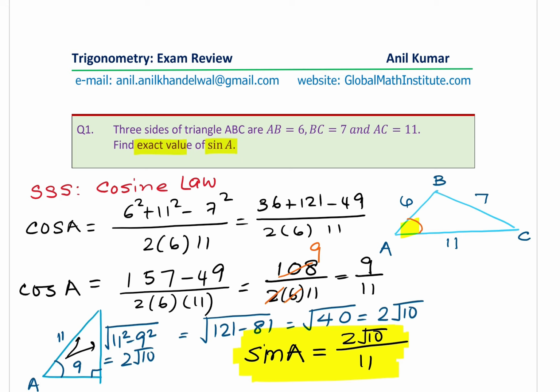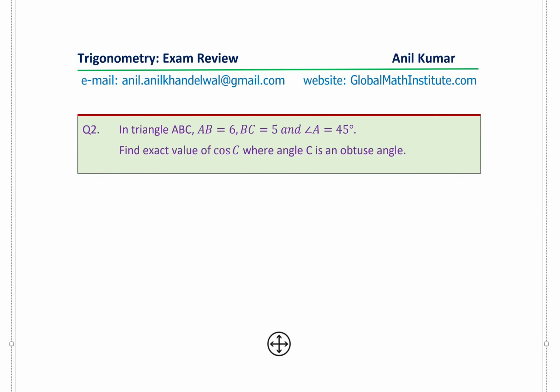Now let's take the second question, which is: in triangle ABC, AB equals 6, BC equals 5, angle A is 45. Find the exact value of cos C, where angle C is an obtuse angle. Let's again construct a triangle here.